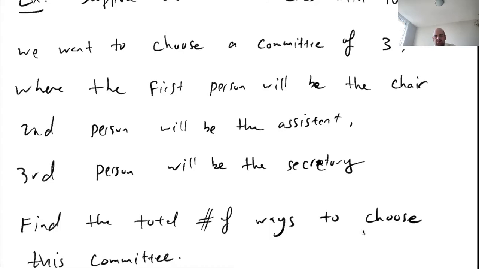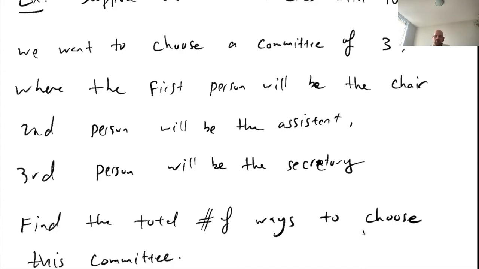So is order important here? We have a set with 10 students. We want to choose 3 of them as a committee. Now the order is important. Why? Because the first person will be chair, second person will be assistant, third person will be secretary. So their title and their position will be different, right?